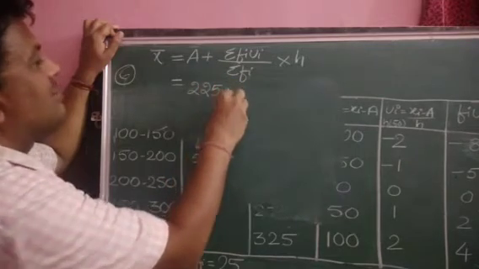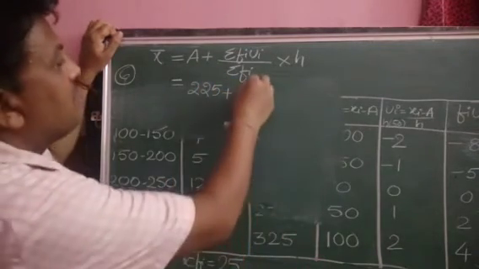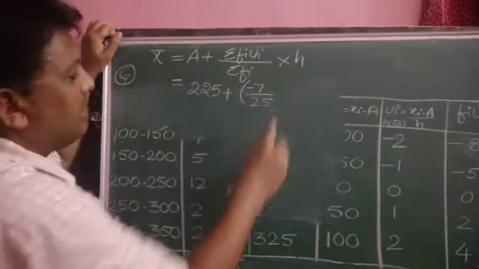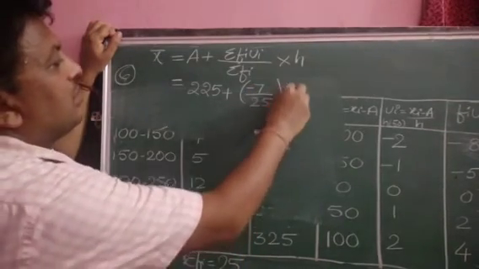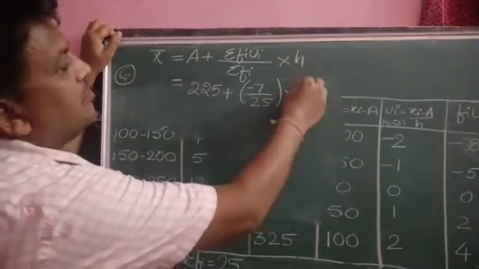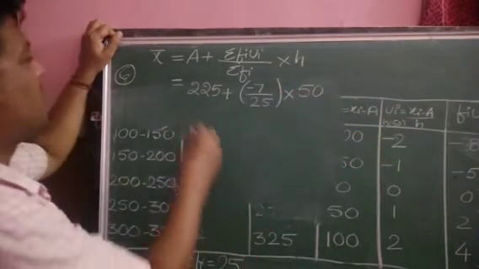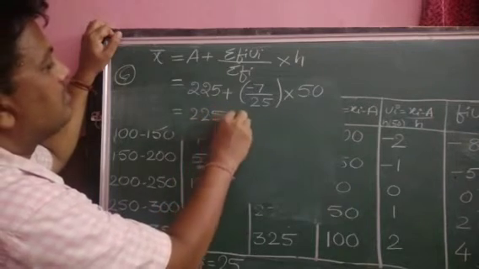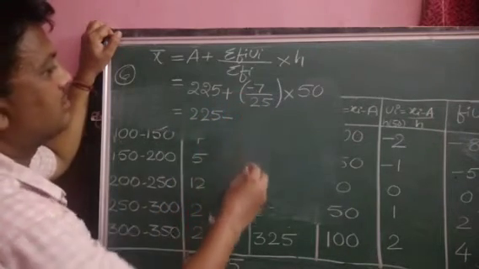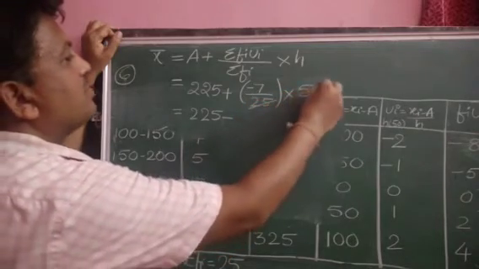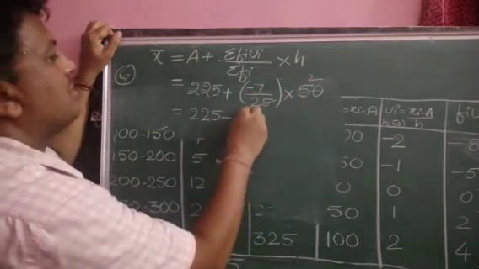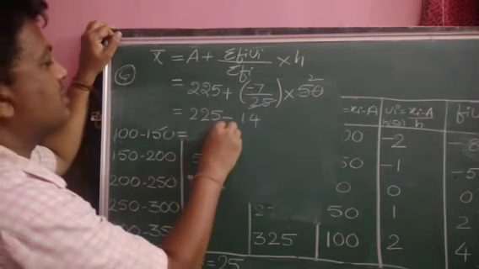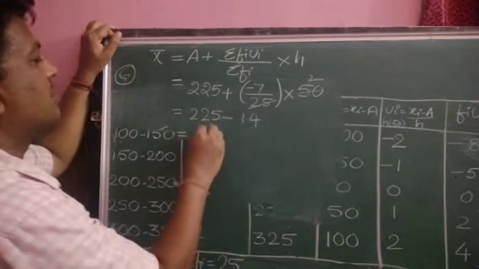225 plus sigma fi ui, minus 7, upon total number of families sigma fi, 25, into h. How much have you taken h? 50. You have taken 50. So it is equal to 225 plus, minus and 25, one times, 25 two times. 2 sevens are 14, which is equal to 5 minus 4, 1. 2 minus 1, 2.